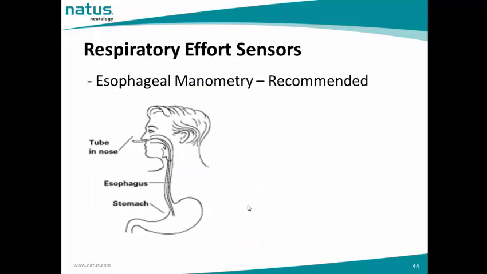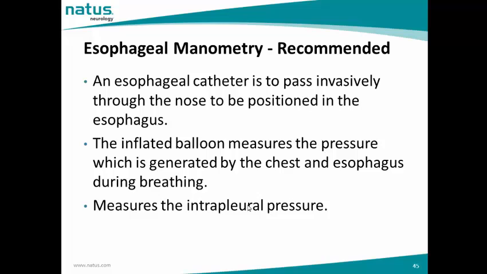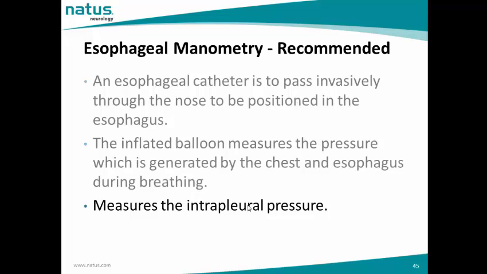The other recommended respiratory effort sensor is the esophageal manometry, where a catheter is passed invasively through the nose to be positioned in the esophagus. The inflated balloon measures the pressure which is generated by the chest and esophagus during breathing, and it is directly proportional to the intrapleural pressure.